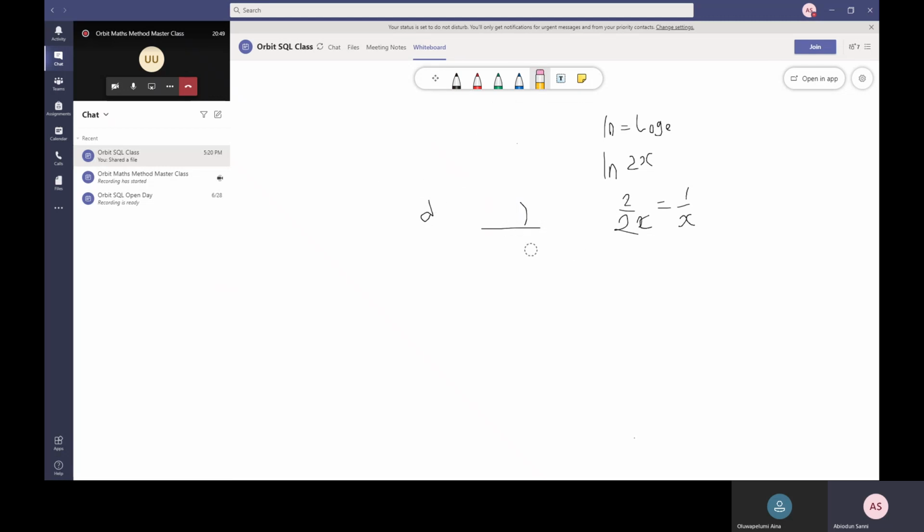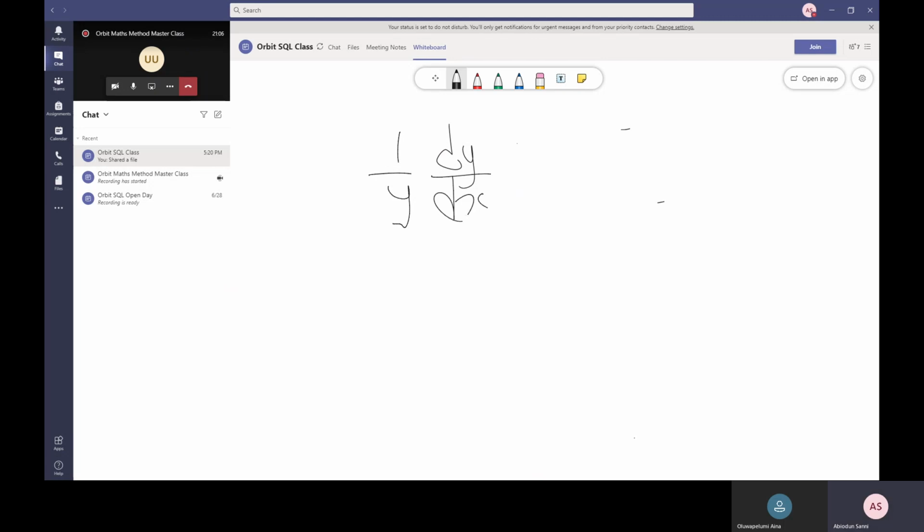So I have 1 over y dy/dx equals 1 plus ln x. Is that not so? Yeah. So now, what I need is dy/dx. I don't need 1 over y dy/dx.